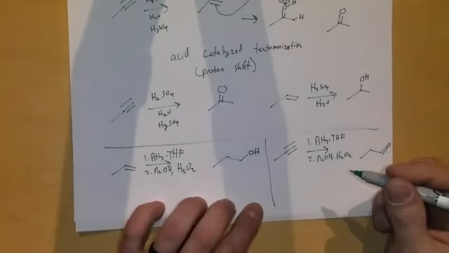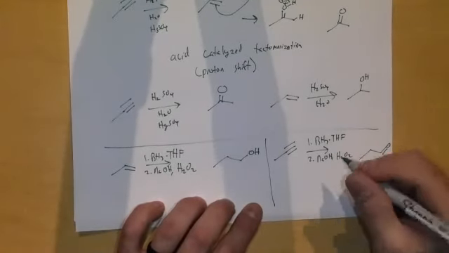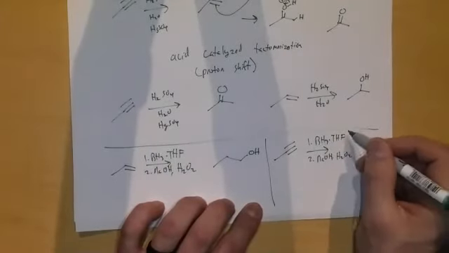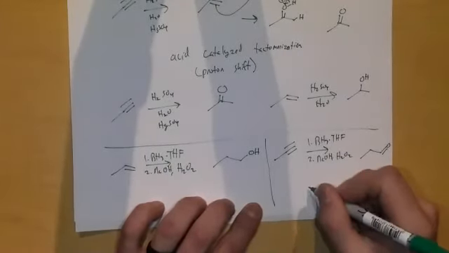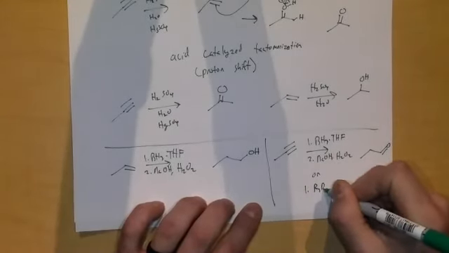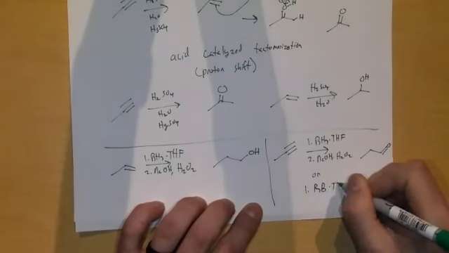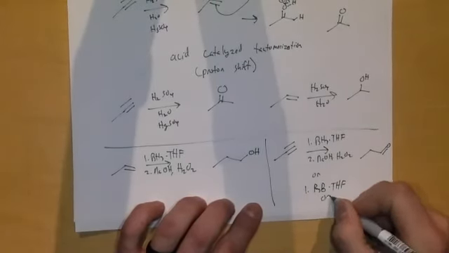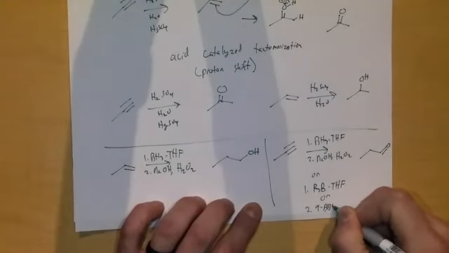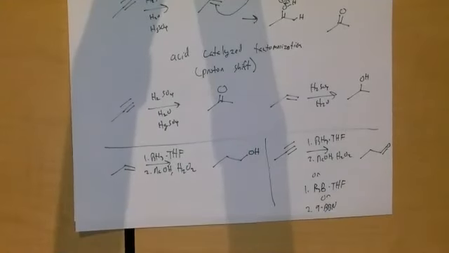You might see, what do they like to do? So instead of BH3 THF, sometimes they have R2BH THF or 9-BBN. These are reagents your book likes to throw in.